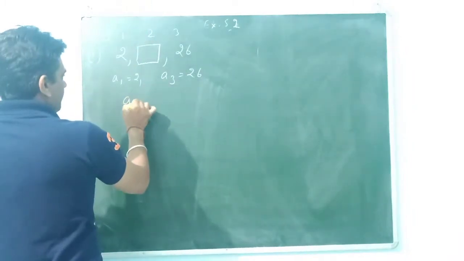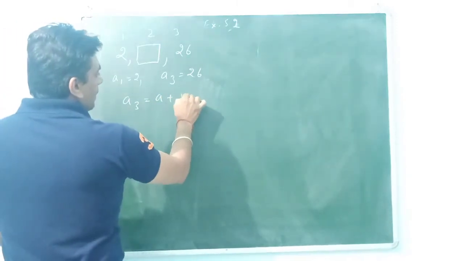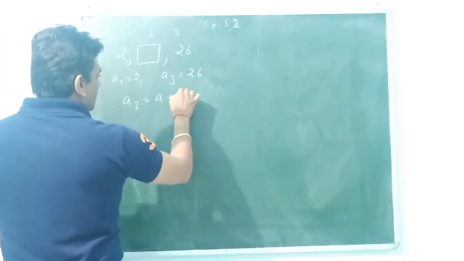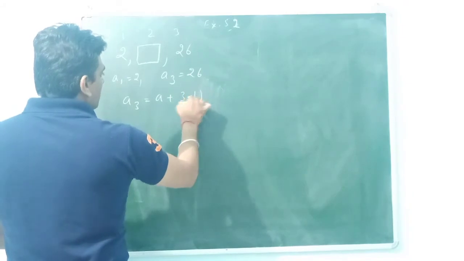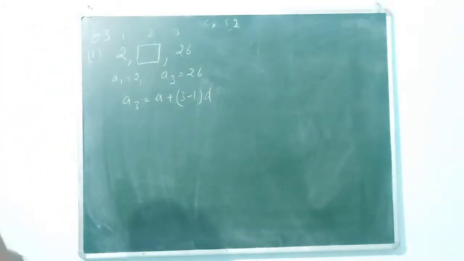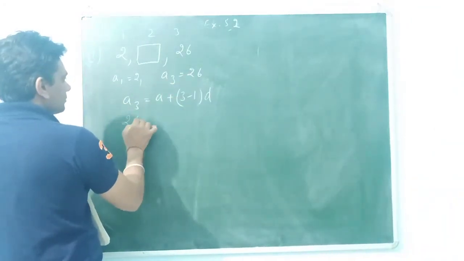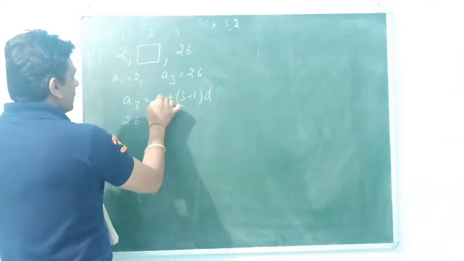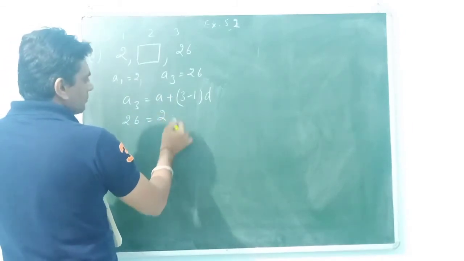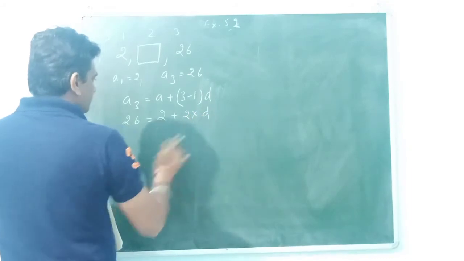A3 is A plus (n minus 1) into d, meaning (3 minus 1) into d. A3 is 26, A is 2, plus 2 into d.